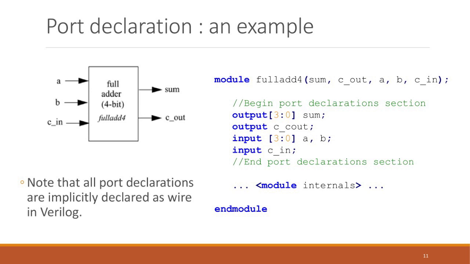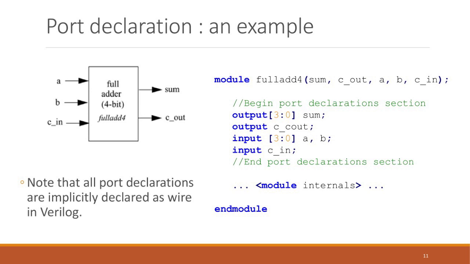A and B are declared as 4-bit inputs, and Cin again is declared as a single-bit input. Now we are done with the ports declaration for the fulladd4 module, so we can go ahead with defining the rest of the module internals.